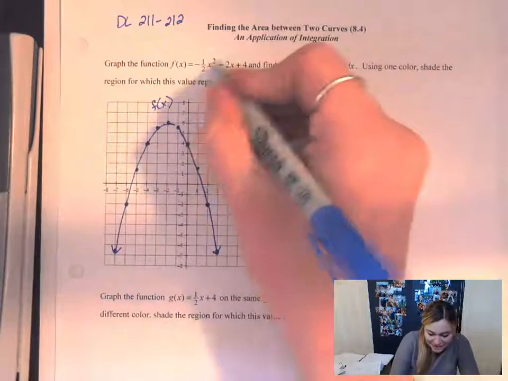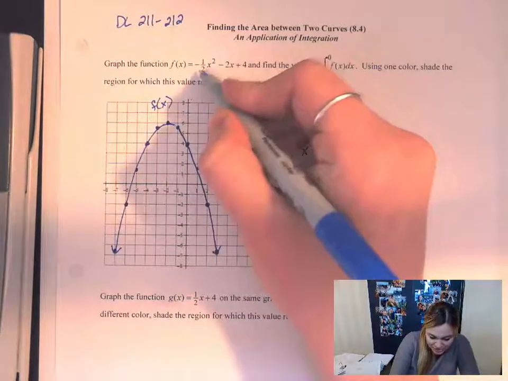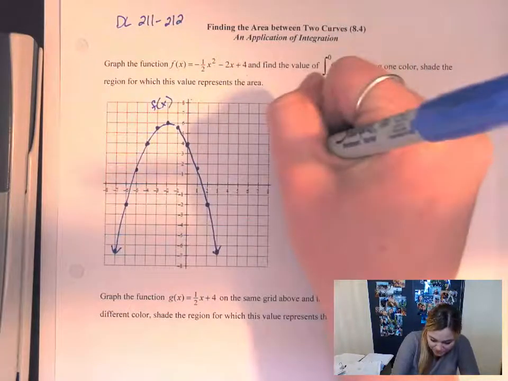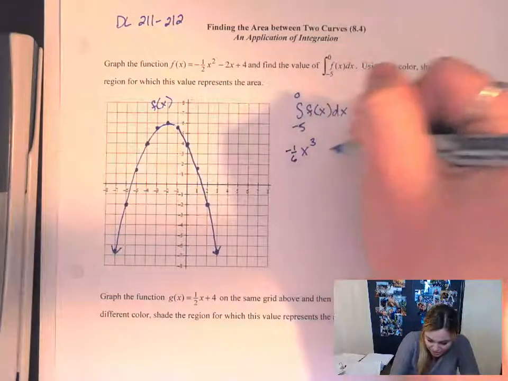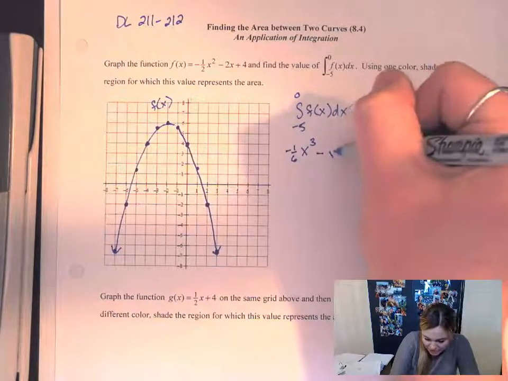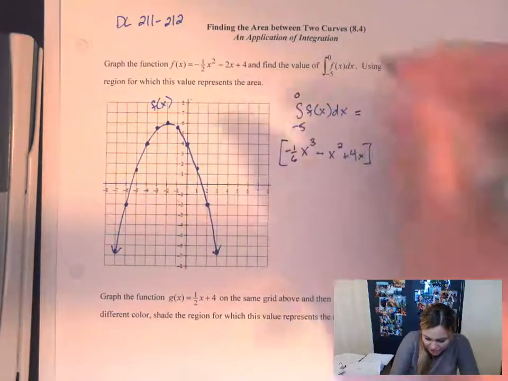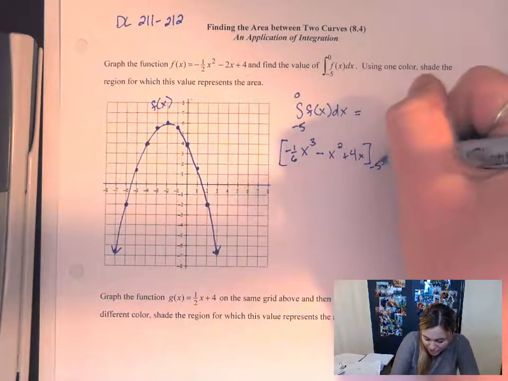So I would integrate this. I would add 1 to my exponent, divide by my new exponent, and I get negative 1/6 x cubed minus x squared plus 4x. Then I can evaluate from negative 5 to 0.